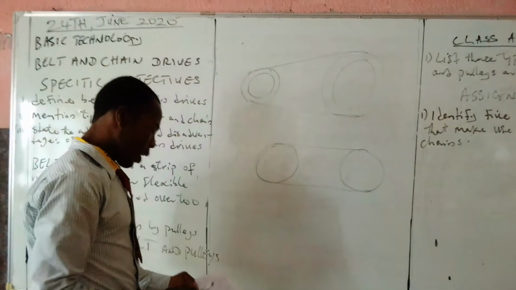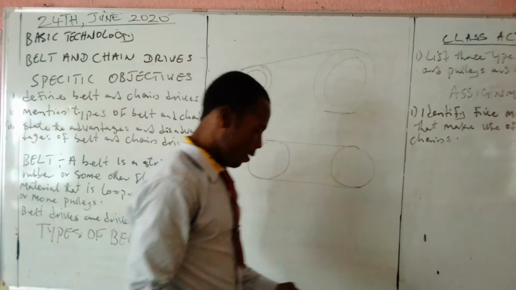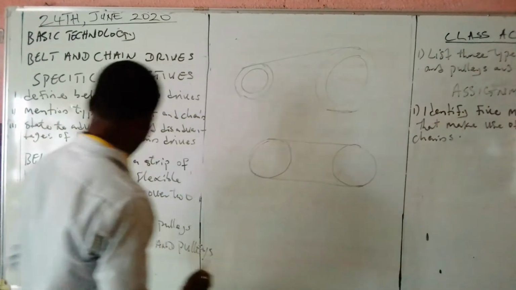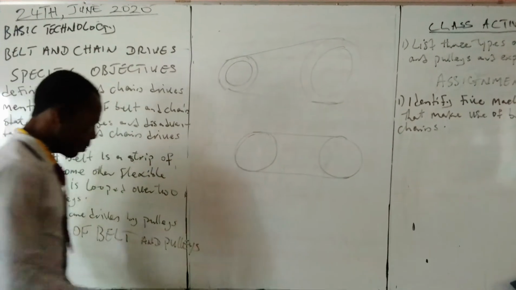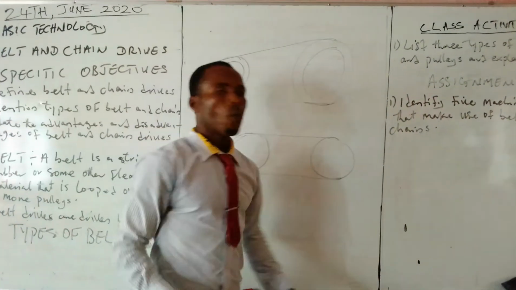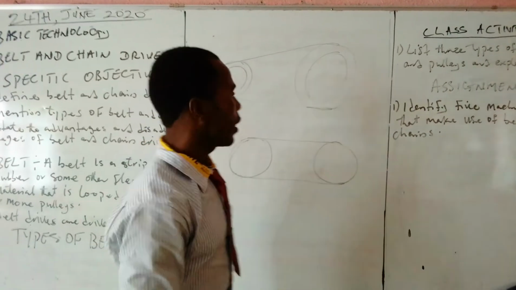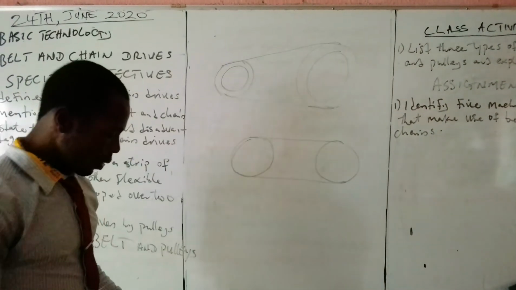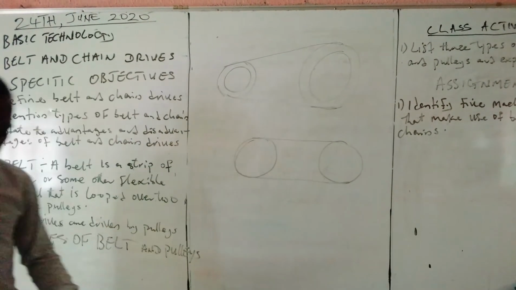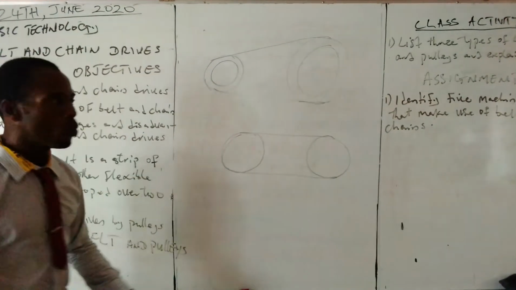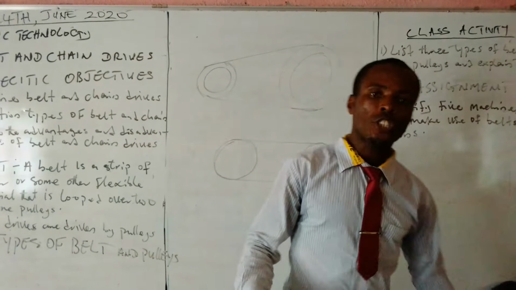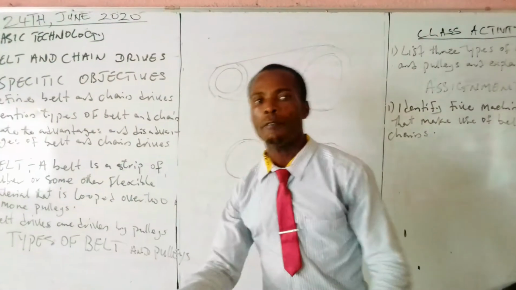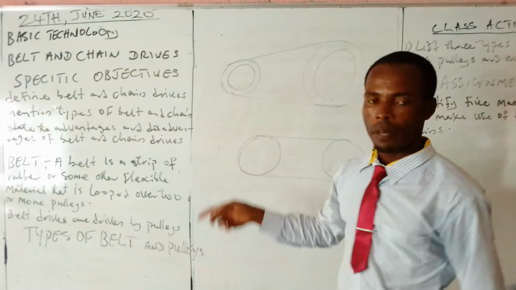Yes, we have another one. We have a variable belt. I may not write much because of the time; I will explain it. The variable belt can be used in an engine to change the speed of the machine without stopping the machine.